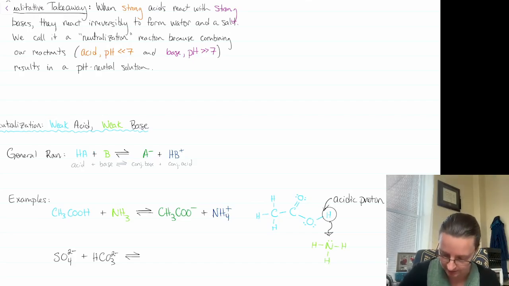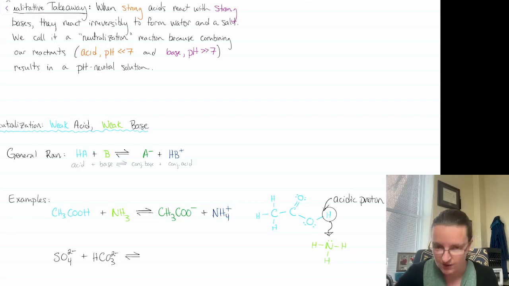The products of the reaction are simply the same compounds, just we've traded off where the hydrogen belongs. It originally belonged to the acetic acid, now it belongs to the ammonia, and that gives us our two products, which are called acetate and ammonium.